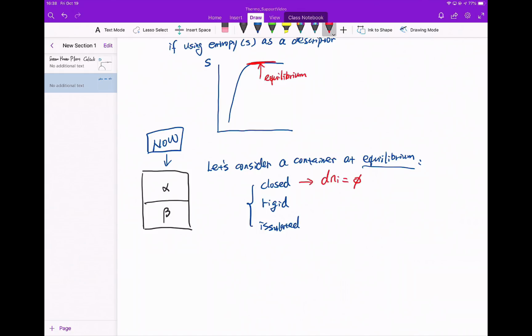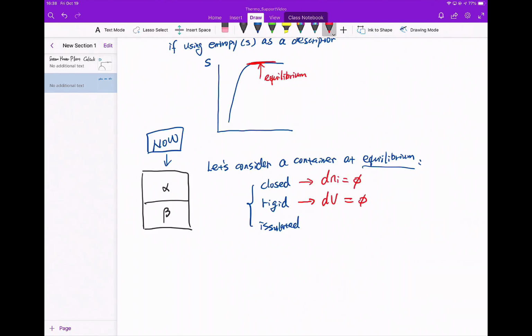No molecules can move in or out of the whole container. But of course, they are able to move between the two phases, alpha and beta. It is also rigid, meaning the total volume is not changing.